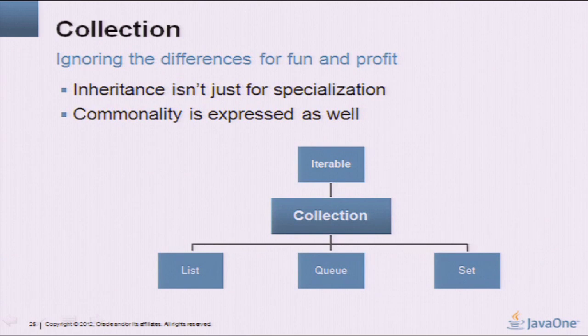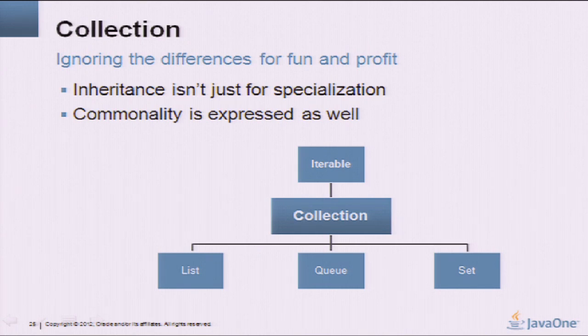And if we look at an inheritance hierarchy, we can see all the sub-implementations that provide specialization of those behaviors and answer some of those questions as to whether duplicates are allowed, ordering, etc. But we don't need to look at this inheritance hierarchy just for the specialization cases. We can also look at it for the commonality that's expressed here. It is useful to, for example, pass something as a collection when I don't want to expose the fact that I used a particular sub-interface like list or set.